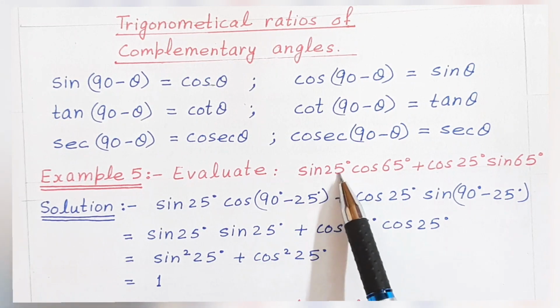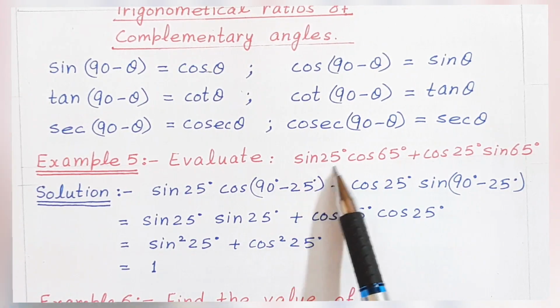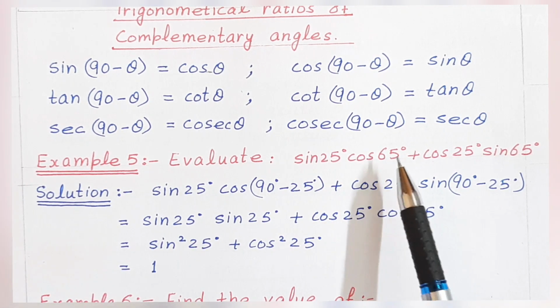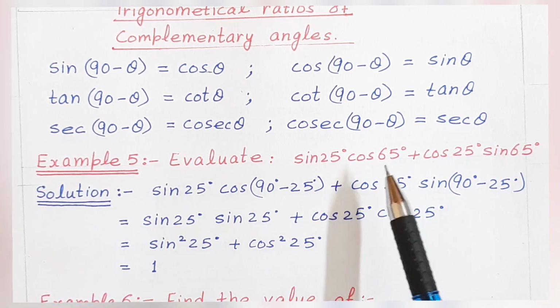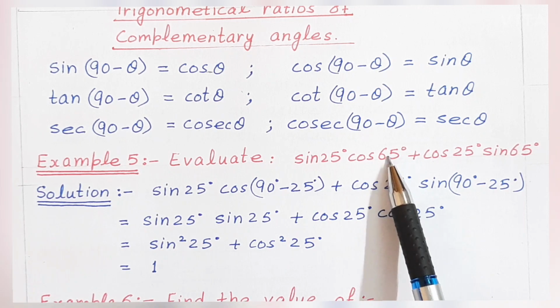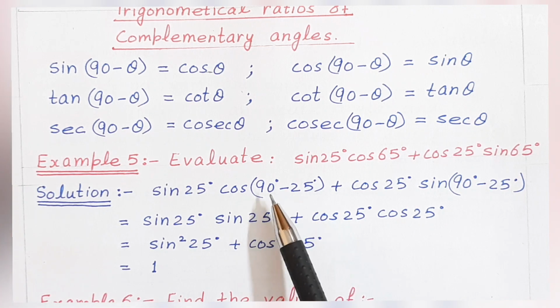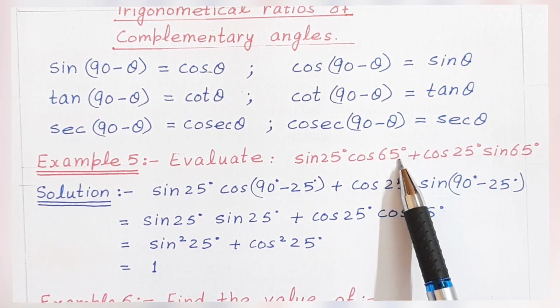Let us change the theta of either one, that is sin 25 or cos 65. Now we'll write sin 25 degree as it is. Cos 65, we can write this as cos of 90 minus 25. Why students? Because 90 minus 25 is 65 degree.